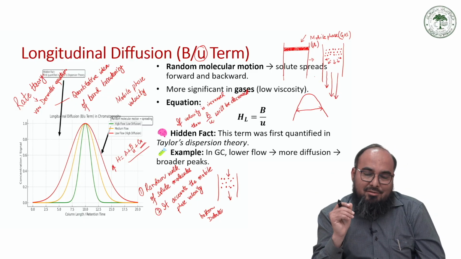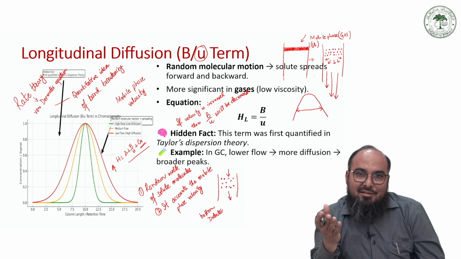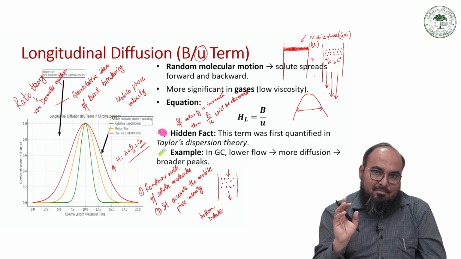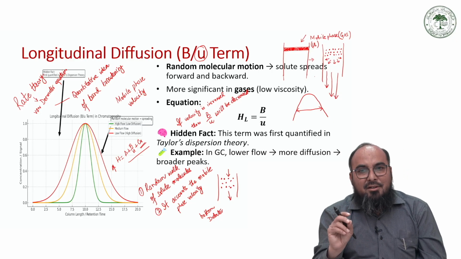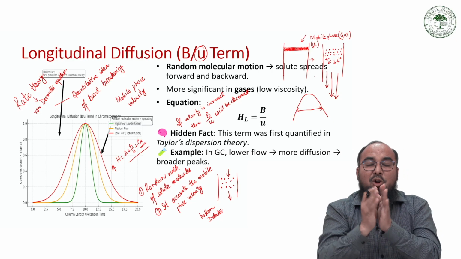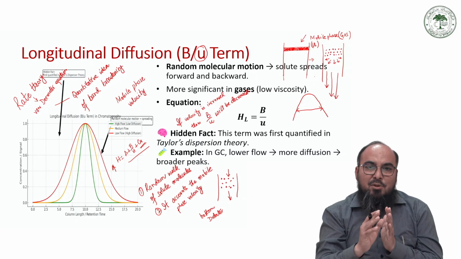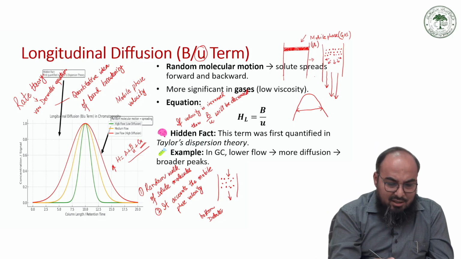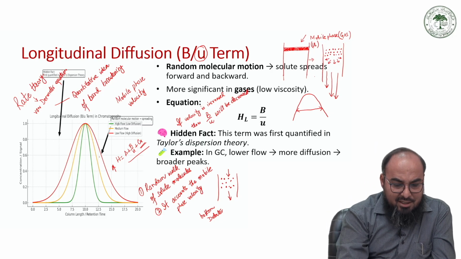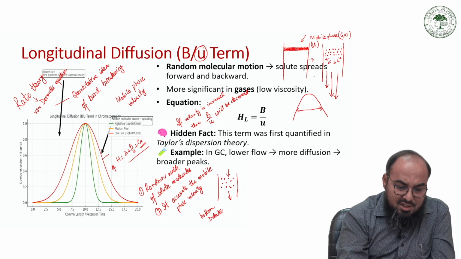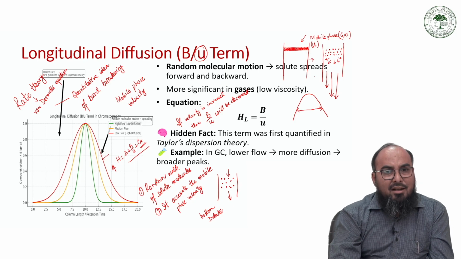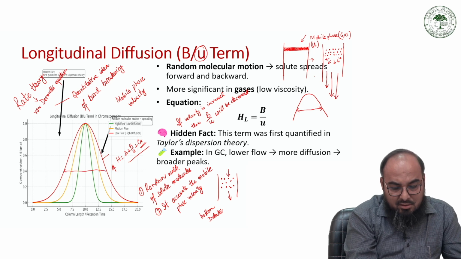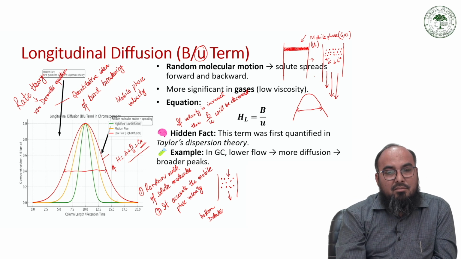So what is the answer now? The answer is itself there, that you have to increase it in an optimized manner. That is, your mobile phase velocity should be optimized, and it must be towards the higher side, keeping that in mind. So you can see this depicted here, that if your velocity is low, then the diffusion is very high, and you can see that this is a very broad band.